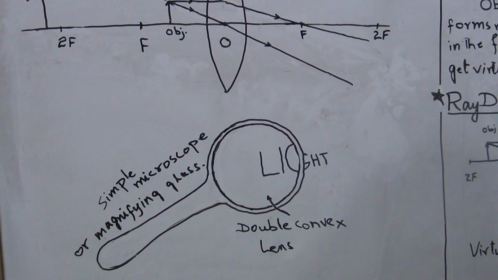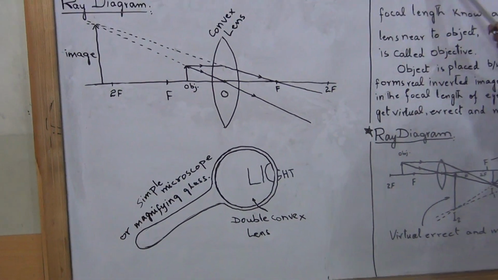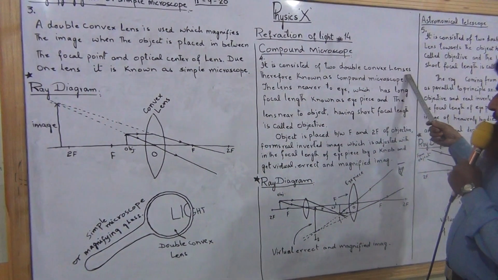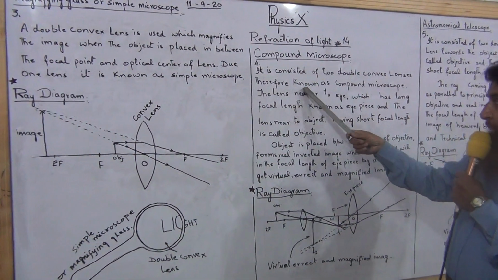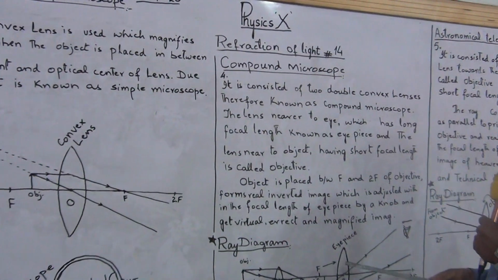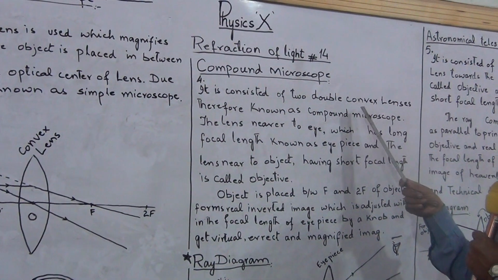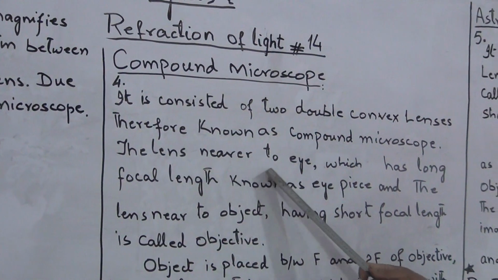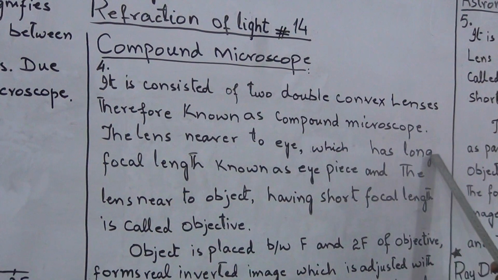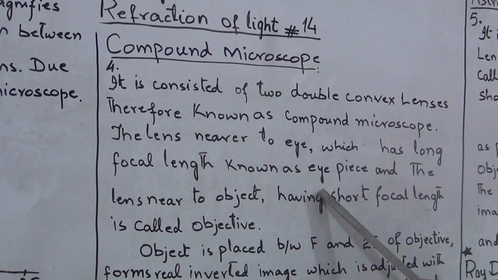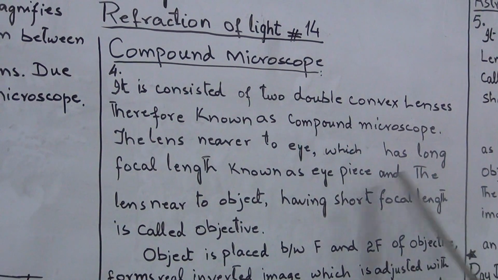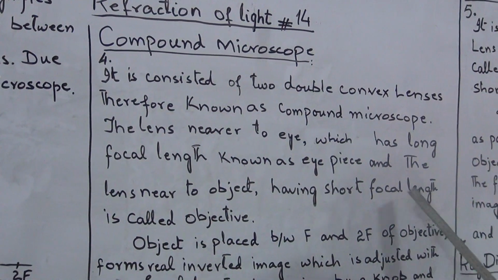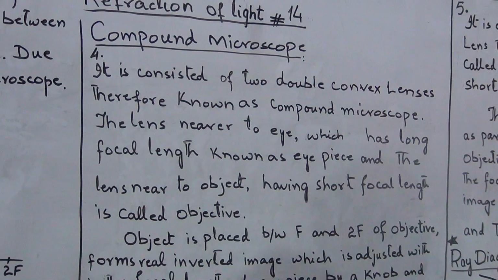Now, next is the compound microscope. You have already used this compound microscope in laboratories. It consists of two double convex lenses. Because two lenses are used, it is known as a compound microscope. The lens nearer to the eye, which has a long focal length, is known as the eyepiece, and the lens near the object, having a short focal length, is called the objective.